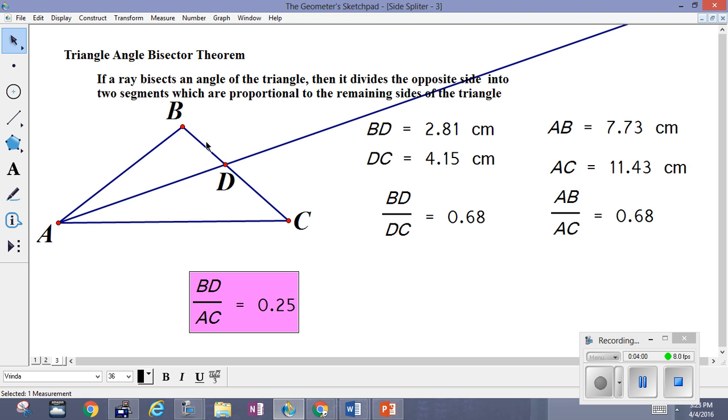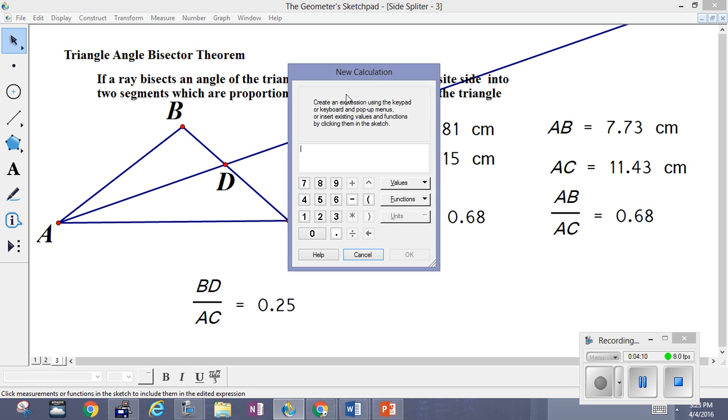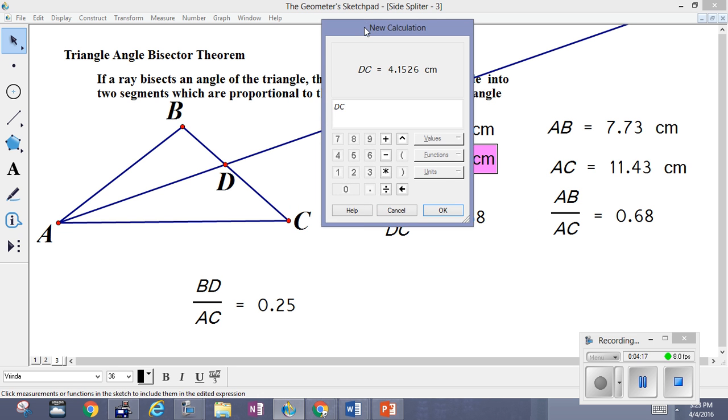That's kind of like the left and right side, if you will. And then I'm going to keep that consistent with the ratio of DC with the other side belonging to it, which would be, of course, AC, divided by AC. And let's see.